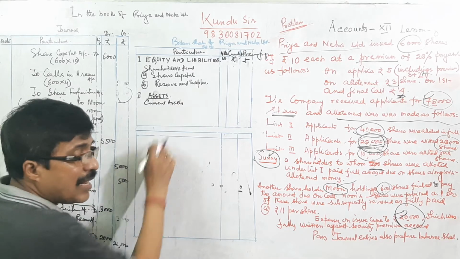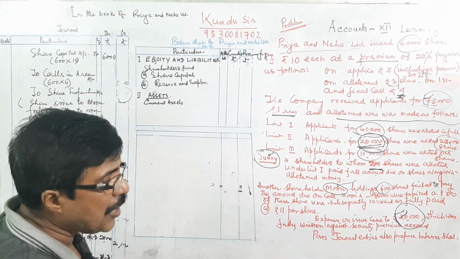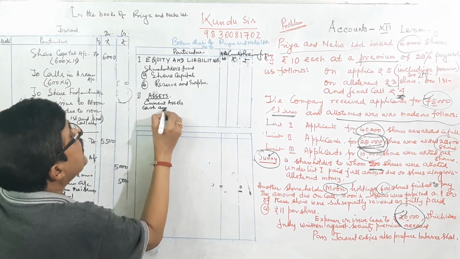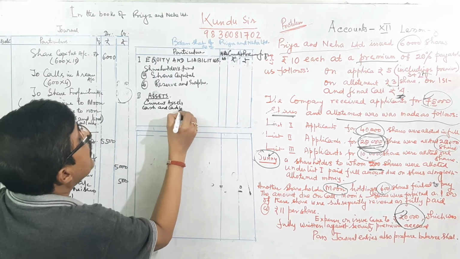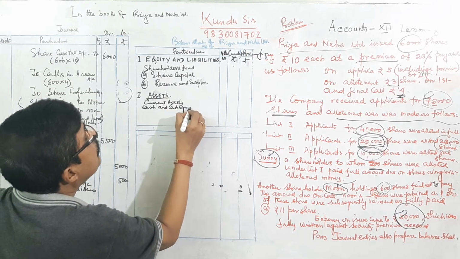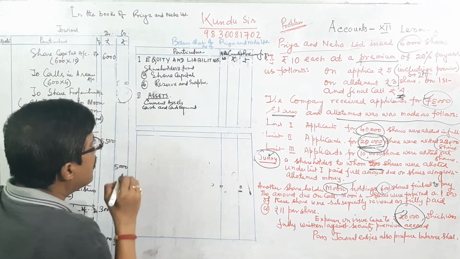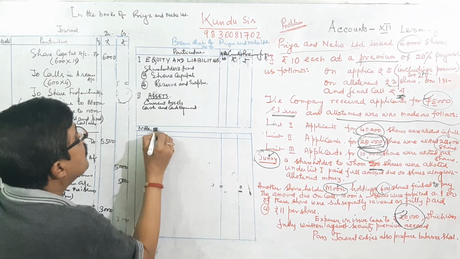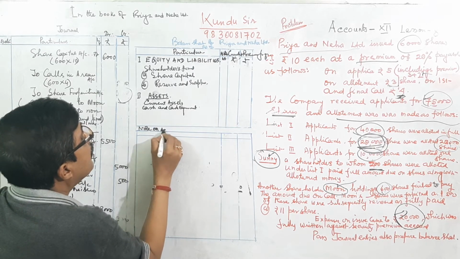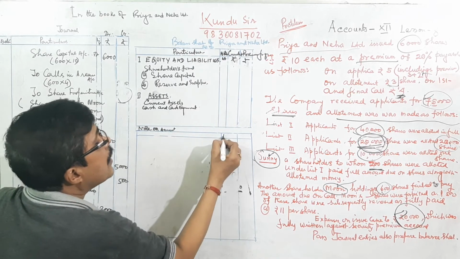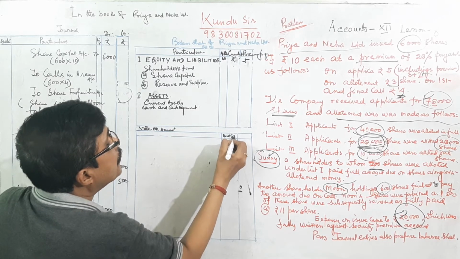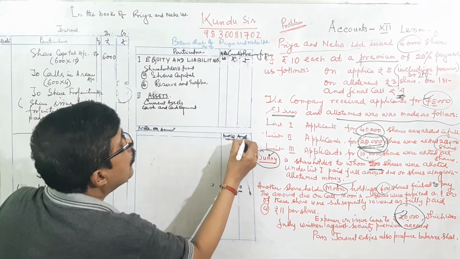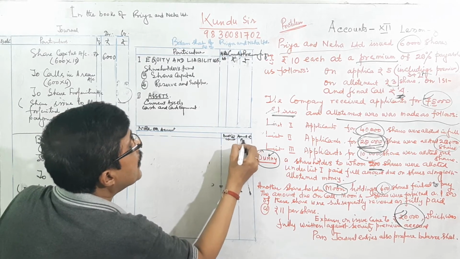We have a figure here, cash and cash equivalent. Now, notes on accounts, then amount rupees current year, amount rupees previous year.